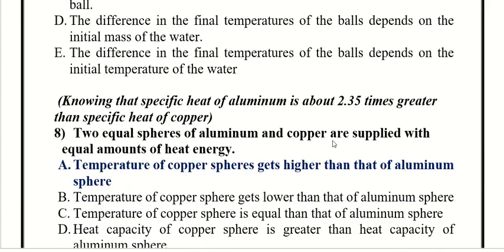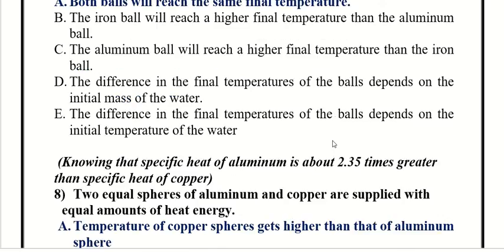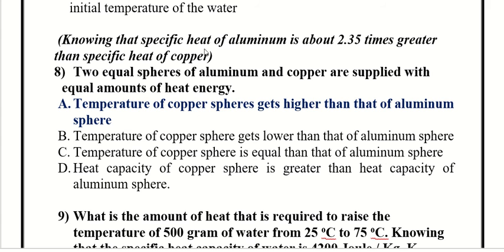Question number 8. Knowing that the specific heat of aluminum is about 2.35 times greater than that of copper, if two equal spheres of aluminum and copper are supplied with equal amounts of heat energy, what would happen to the temperatures?